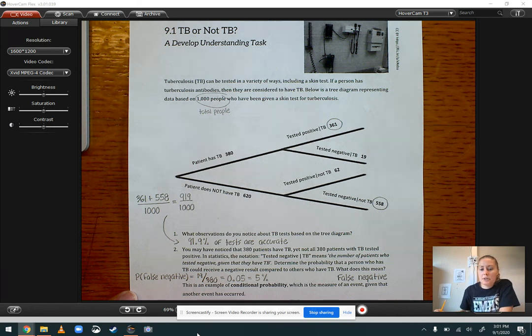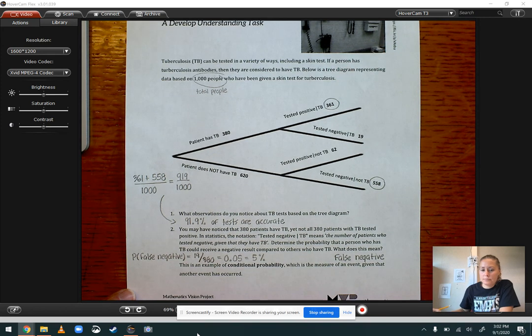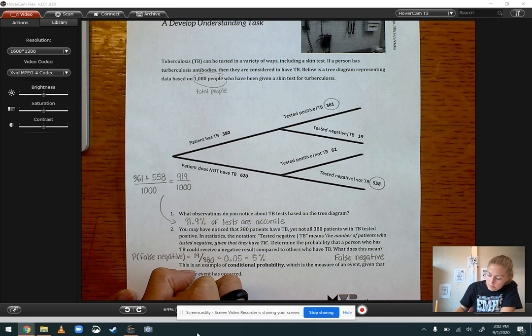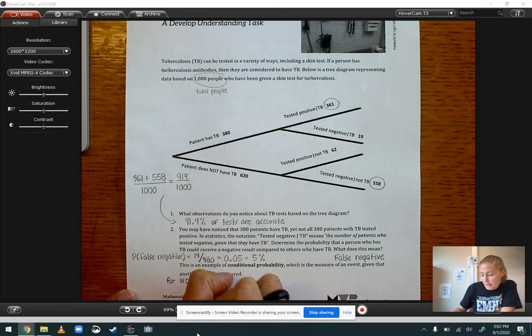This is an example of conditional probability, which is the measure of an event given that another event has occurred. So, for number 2 that we just completed, the event was tested negative.